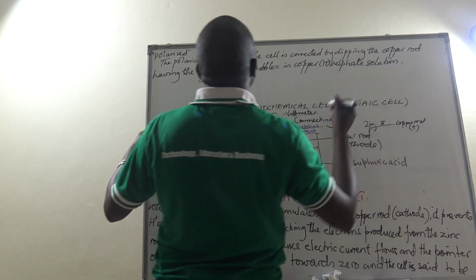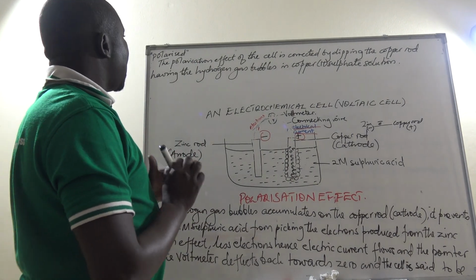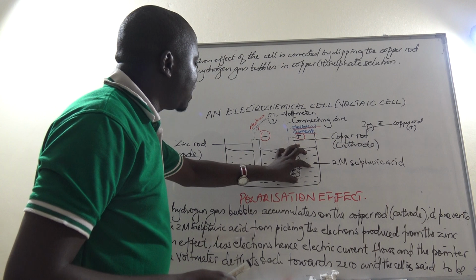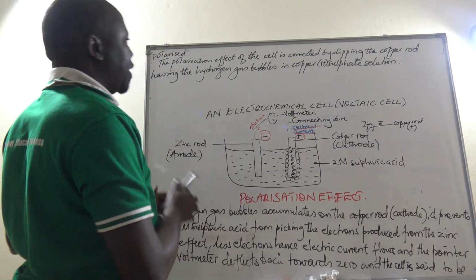That means that we remove the hydrogen gas bubbles by dipping the copper rod which is having the hydrogen gas bubbles in copper II sulfate solution.